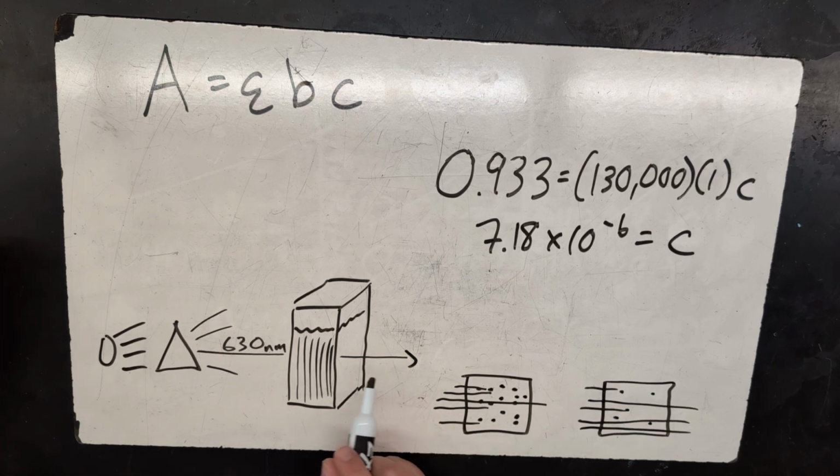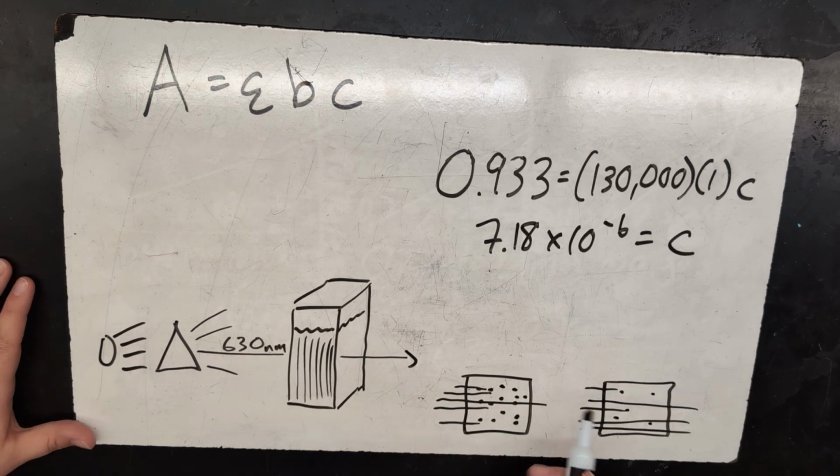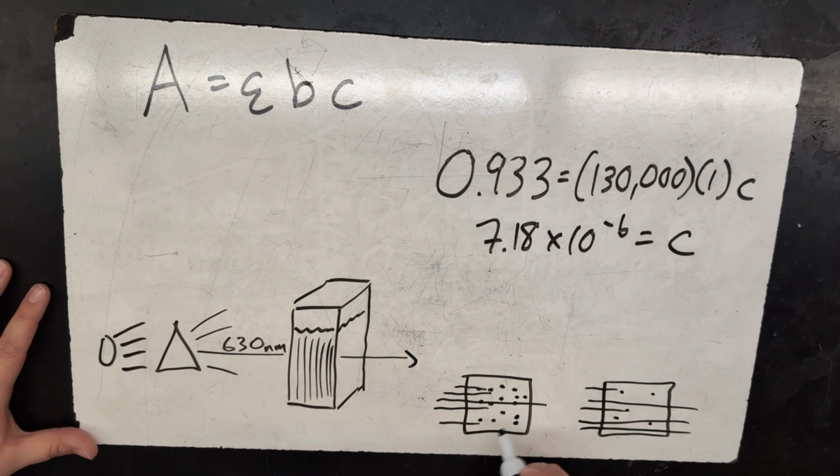That relationship really helps us because it makes a linear relationship with concentration. Again, a really simple drawing, but the more concentrated the solution, the more light will be absorbed and less light will be transmitted. With less concentration, you'll get more light transmitted and less light absorbed.